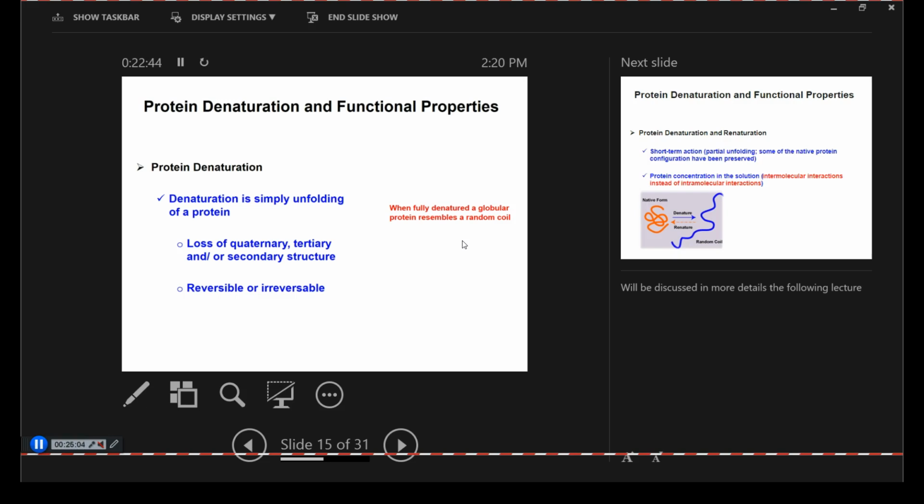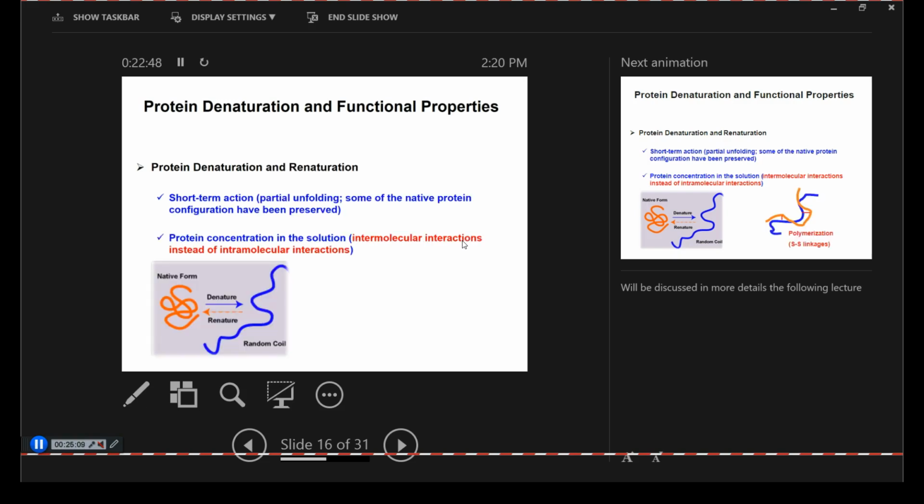It can be reversible or irreversible. Usually short-term action, which causes partial unfolding, is reversible. So I have here a rubber band with me. Think of this rubber band as a protein. I'll explain it in simple terms.